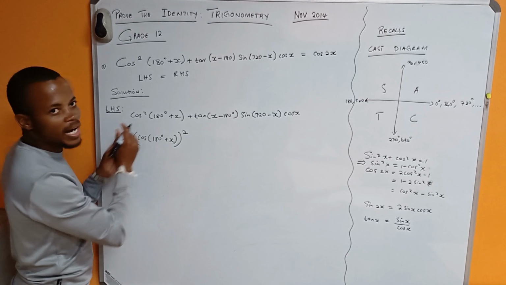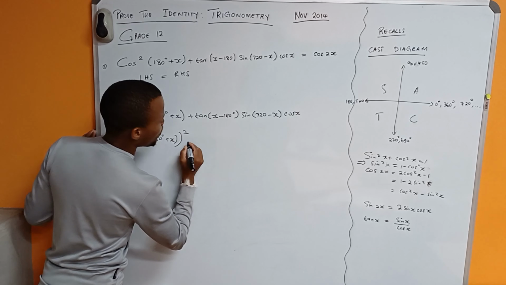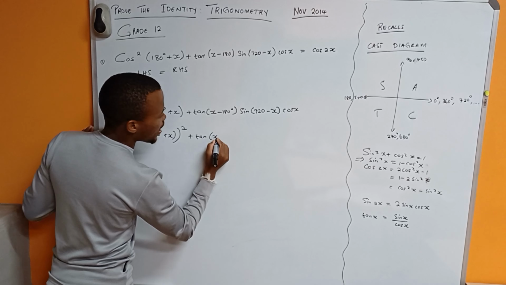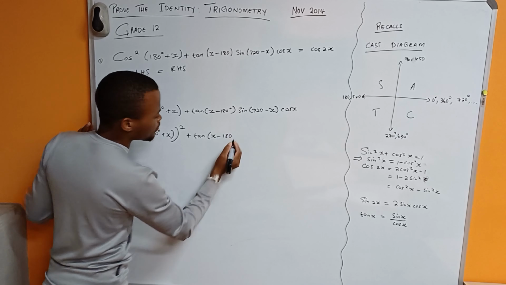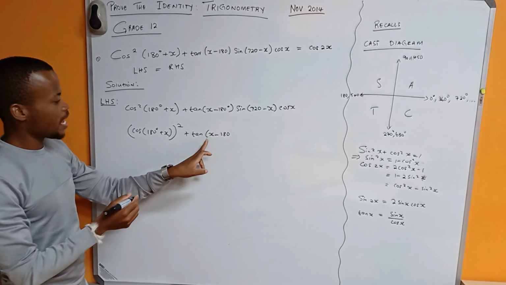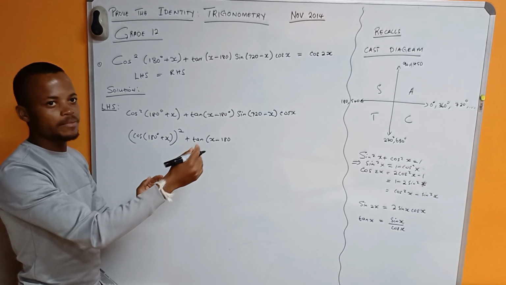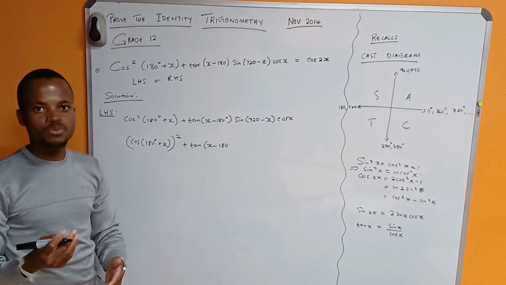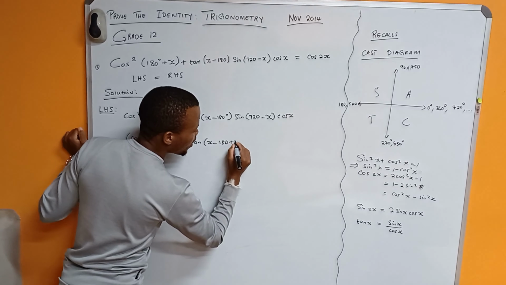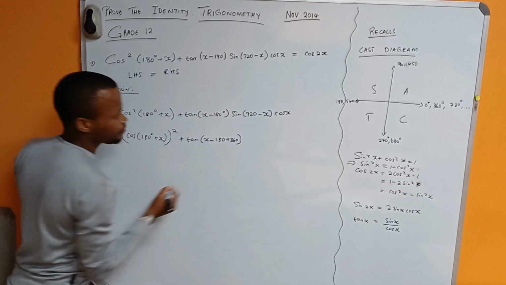So the two are equal, and then here it's plus tan(x - 180). Having 180 as minus and x starting before 180 is something that you are not used to. So what are you going to do? You will add 360.